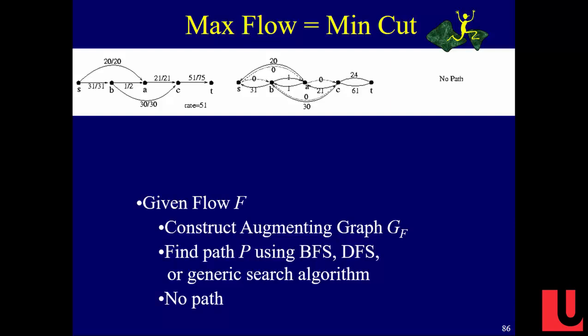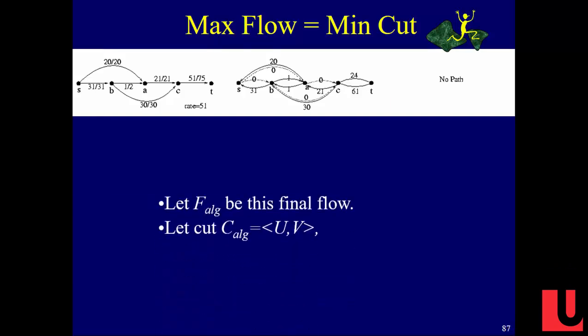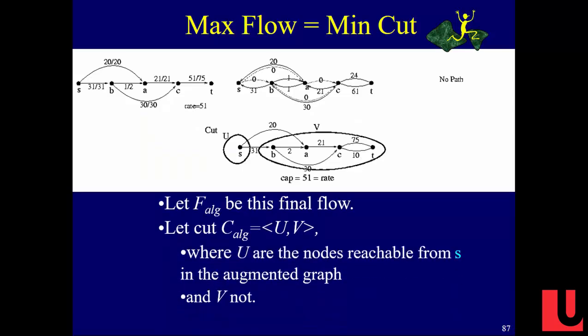We build the augmentation graph, and there's no path, so we're going to form a cut. And what the cut's going to be is, and I apologize, this cut is a dumb example because S is all by itself, but it's not always by itself, right?